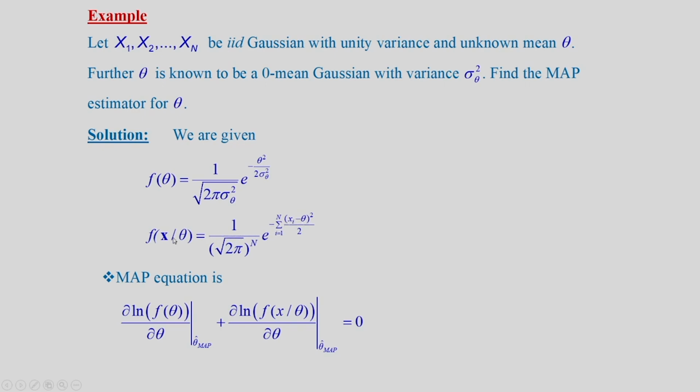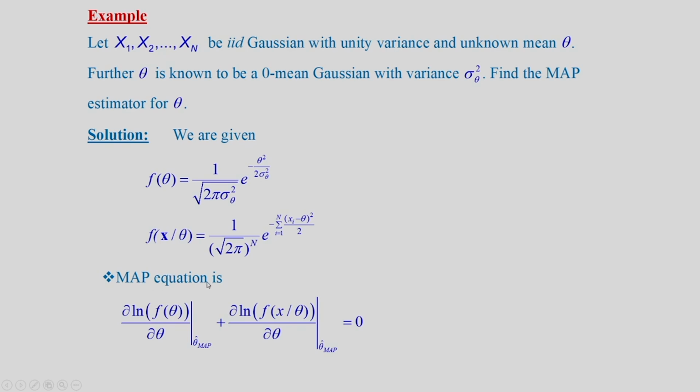So f of x given theta is equal to 1 over root 2 pi to the power n, times e to the power minus the summation i going from 1 to n of (xi minus theta) whole square divided by 2. This is the likelihood function of the random data.